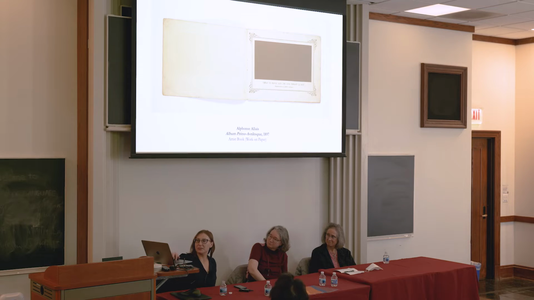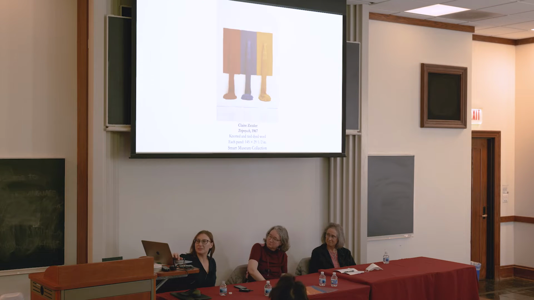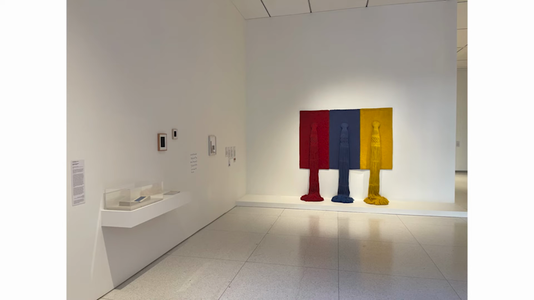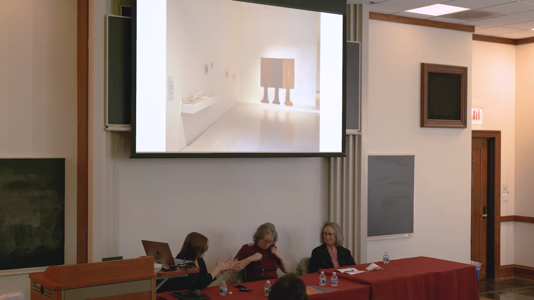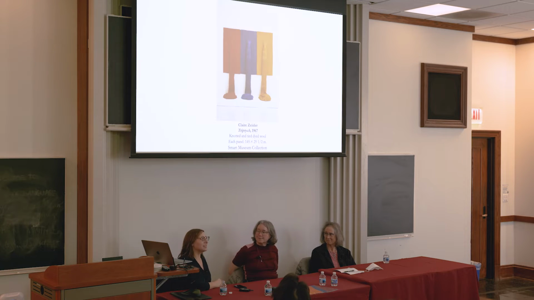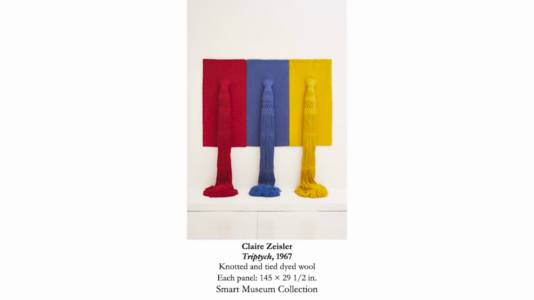Yeah, I can talk a little bit about the Zeisler. And so as Jessica had noted, you come in and you enter into this section about the monochrome. And in this section, you encounter different works that set up the terms of the exhibition, including the allée that Christine just talked about, the amazing Harara that Jessica spoke about, and then also this work by Claire Zeisler that's actually in the Smart Museum's collection.